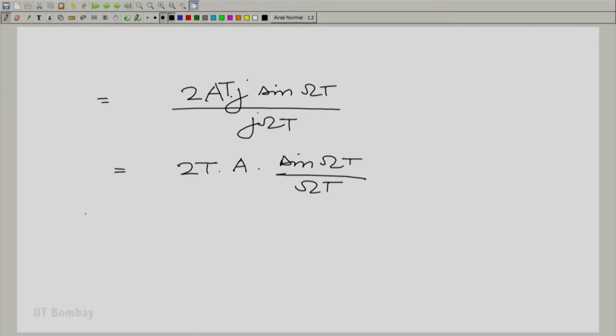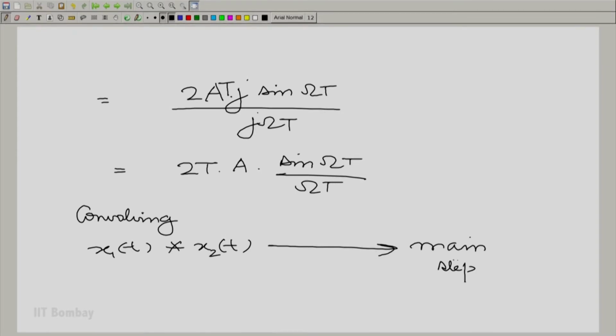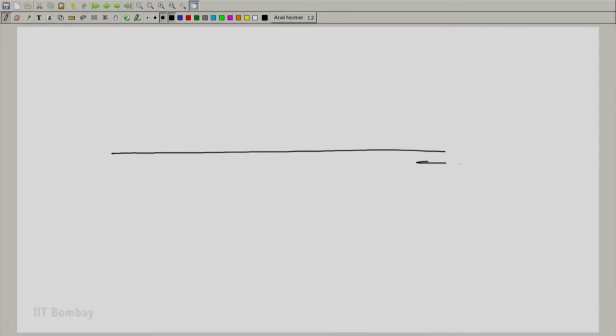So, if we convolve them, let us convolve them. This convolution is easy to calculate. In fact, I would not carry out the whole calculation, I will leave it to you to complete. I will just write down the convolution. Let me just indicate the main step. So, you have the train platform analogy.